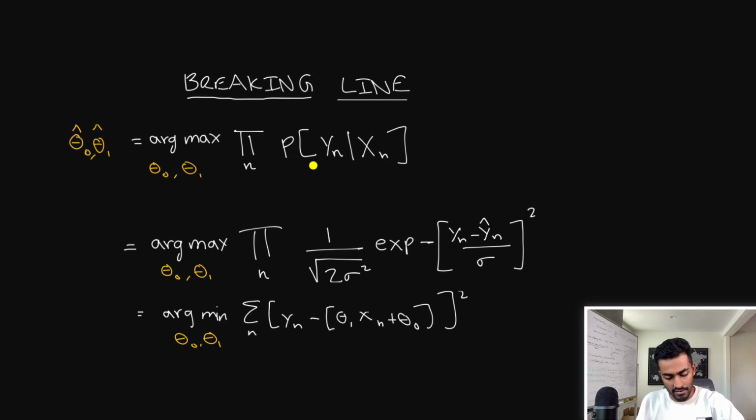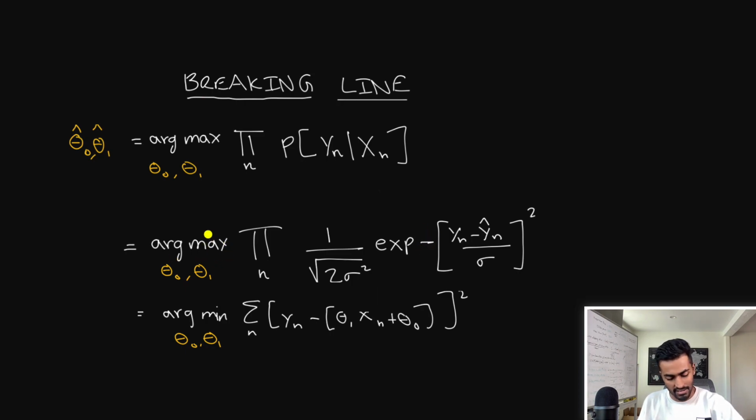And because p here is a probability density function that we've assumed to be normally distributed, we get this equation over here, which is the probability density function for a normal distribution. And we want to maximize this, or rather we want to find the values of theta 0 and theta 1 that maximize this equation. What you can do is just take logarithms to convert this product into a sum term, and you'll get a negative sign if you do logarithms.